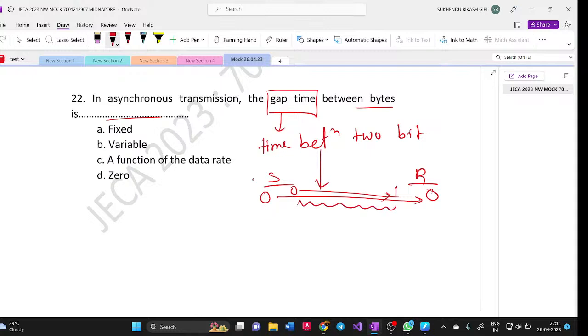In asynchronous transmission, the sender and receiver are not at the same synchronous speed. So here the time between two bits is fixed or variable? Variable, clear? Yes, B answer. Next.